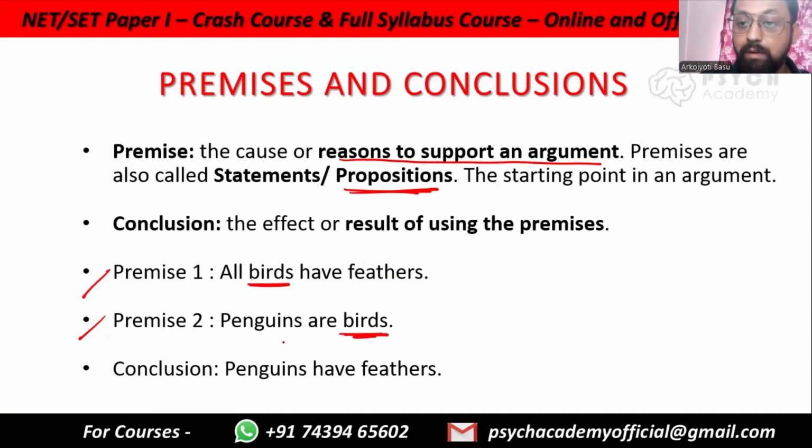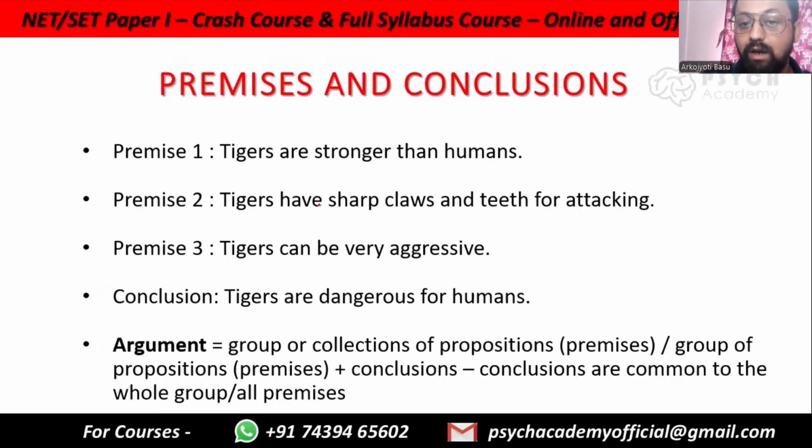This is considered the middle term. We'll get to that. But this is linking the two premises together. But out here, even though we have a link in tigers, the premises are not directly linked to each other. Tigers are stronger than humans. Tigers have sharp claws and teeth for attacking. Tigers can be very aggressive. Hence, they are dangerous for humans.